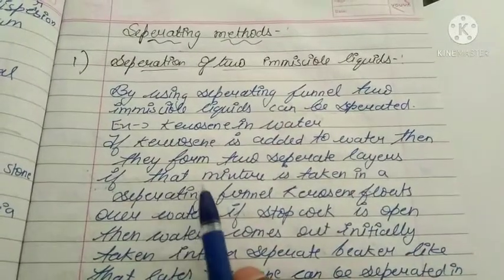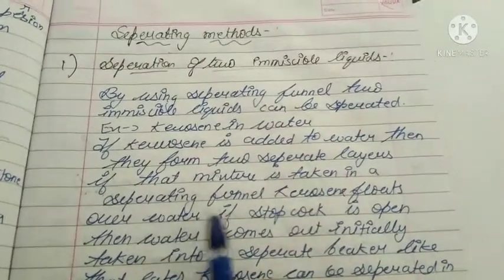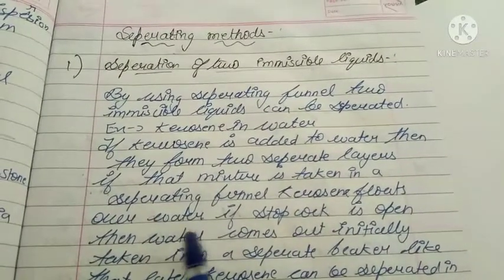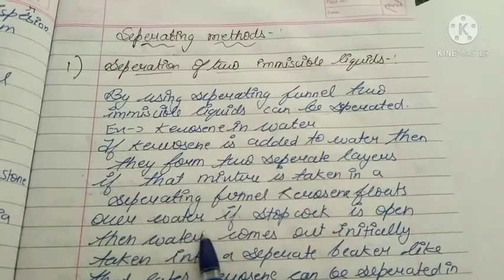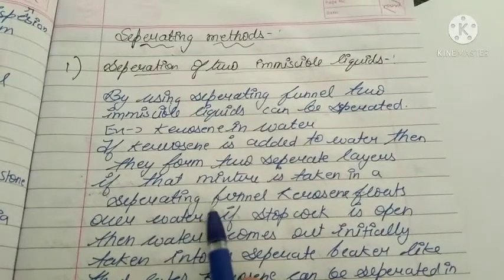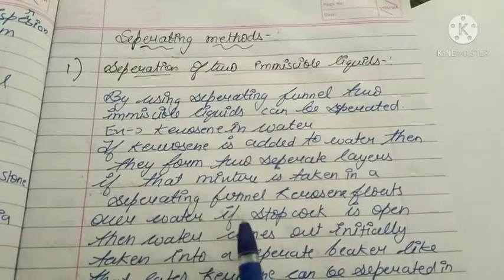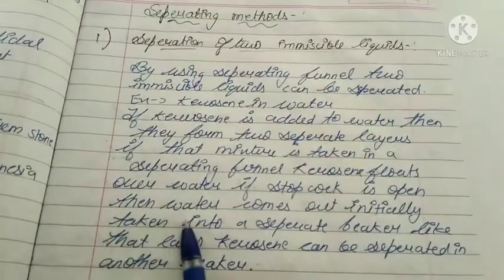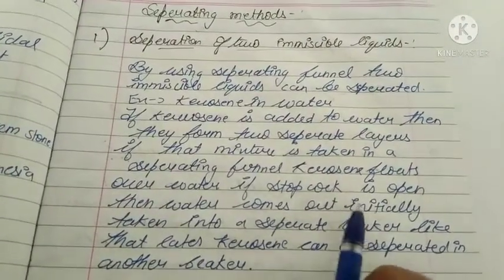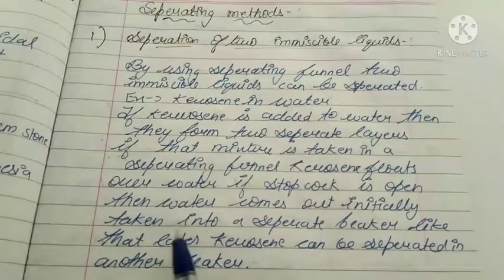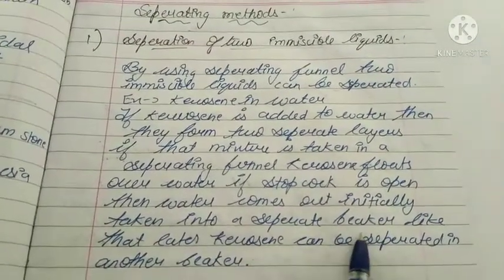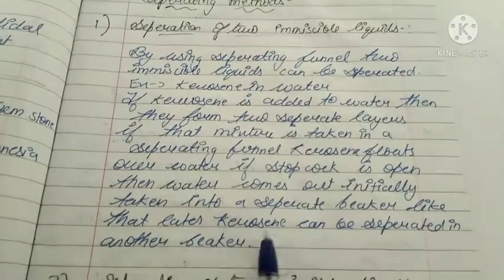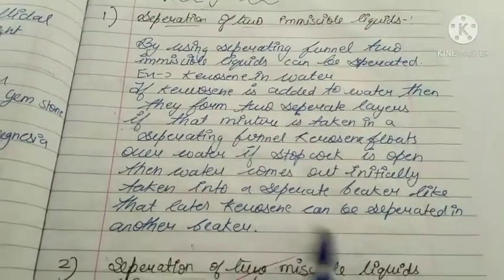If the mixture is taken in a separating funnel, kerosene floats over water, because kerosene density is very low and water density is higher. If the stopcock is opened, water comes out first into a beaker. Later, kerosene can also be separated into another beaker.